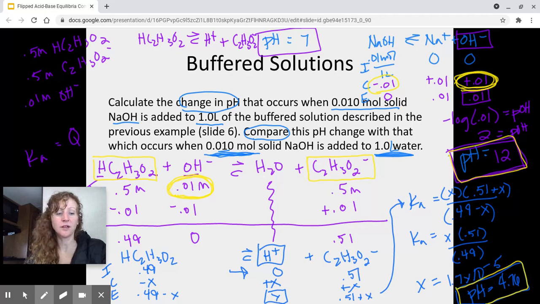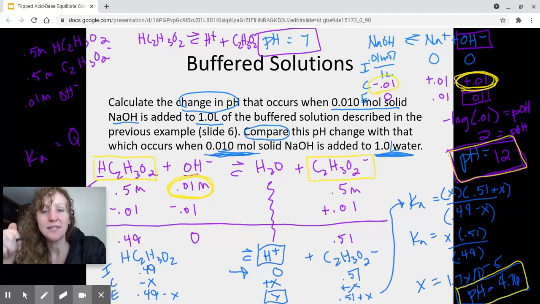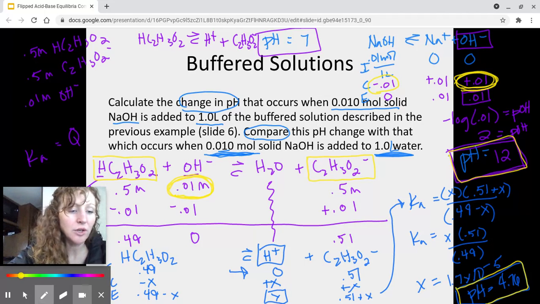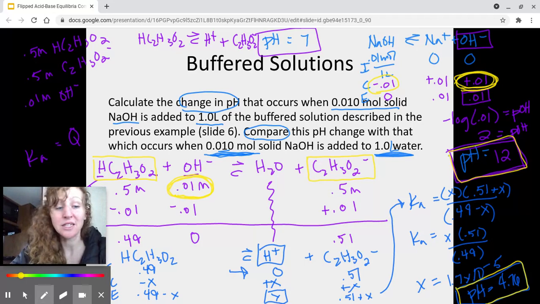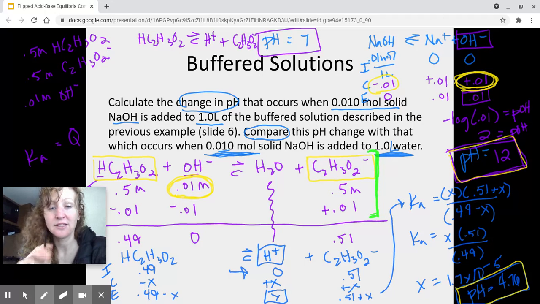Okay, one other thing I want to touch base on before we get off of this problem was how we dealt with the numbers. Notice that we kind of dealt with this in a two-step problem, right? Step one, when we added the base to a buffer, was reacting until something was gone, right?